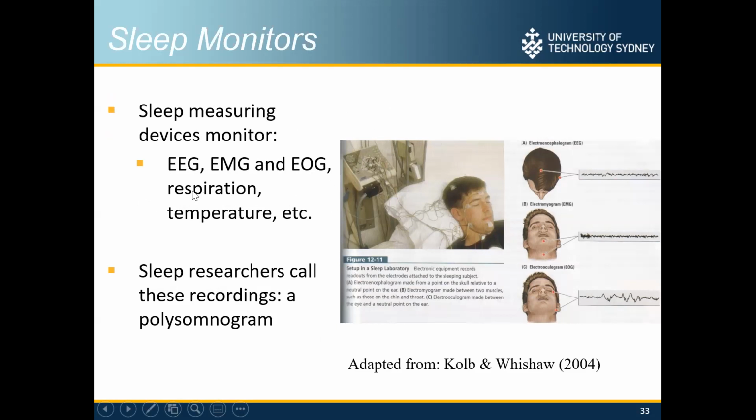You also have the use of respiration and temperature devices as well. Okay. In this diagram over here, you tend to see the application of these different devices on that individual, which allows you to get the physiological readings that you need during sleep.